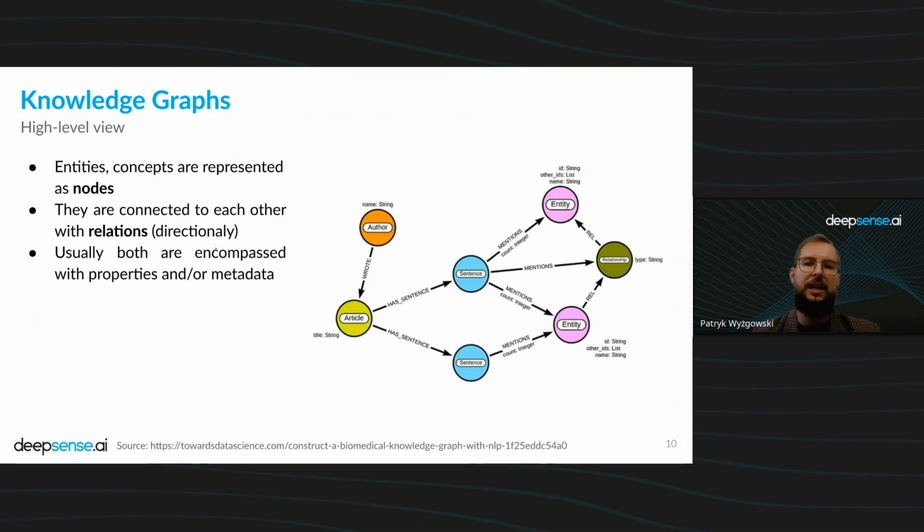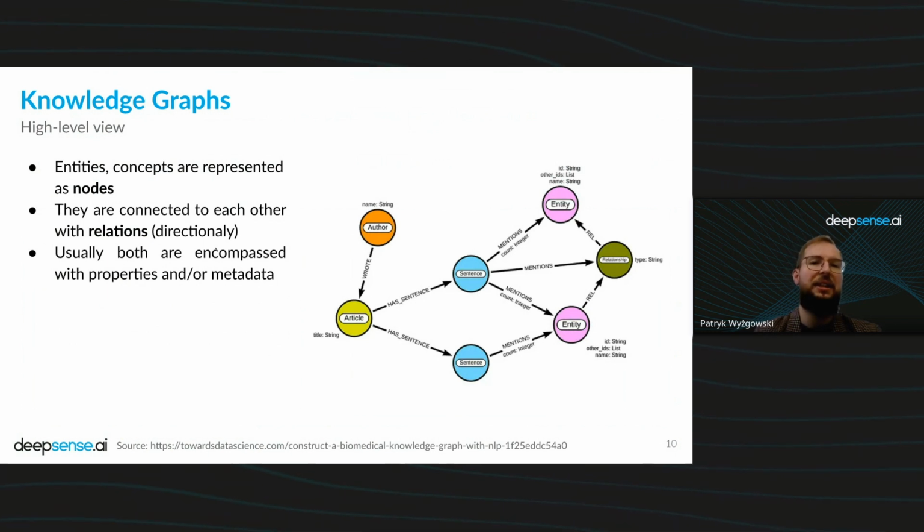They can represent actually anything, and the objects, or nodes, or entities if you prefer, are connected with relationships. And what is usually done in knowledge graphs is that both nodes and relationships are endowed with some properties, for example, descriptions, summaries, and so on.